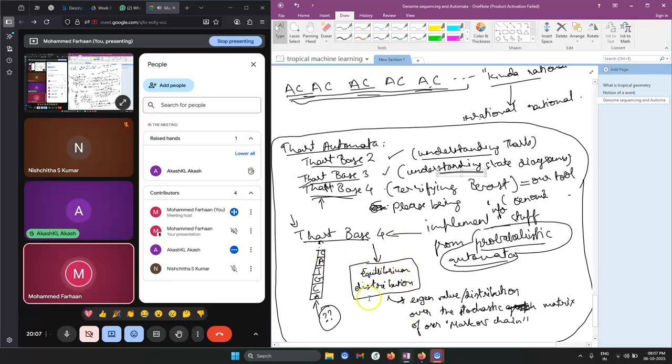When it comes to this equilibrium distribution and this Markov chain, I'll explain that when we're done with third base 4. At most, this will take one session, or I'll just send a video that explains this well enough, so that in the third session we can actually sit and collaborate. There are no prerequisites.